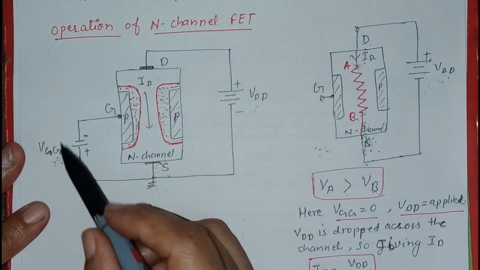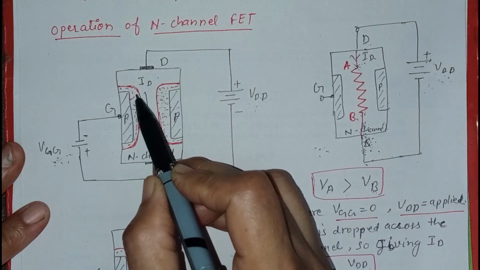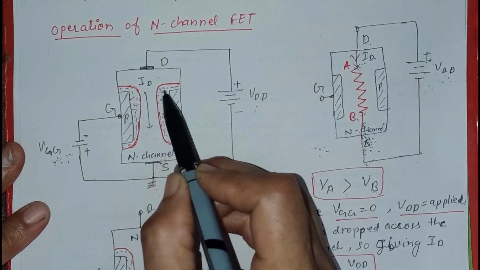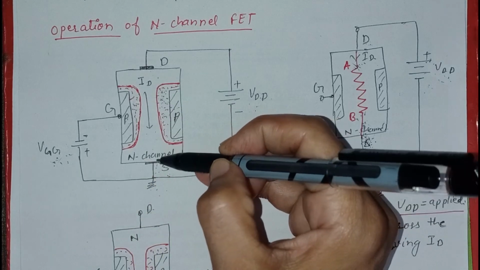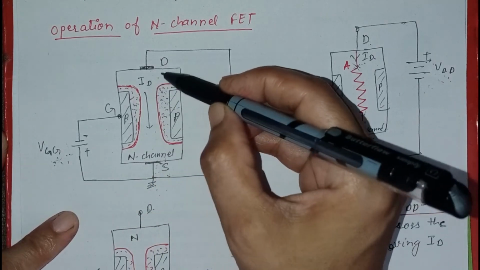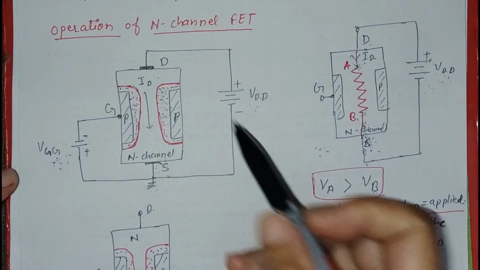And when we increase this voltage to such a point that the depletion regions increase so much that they touch each other, then the charge carriers from source to drain cannot flow through the channel, so the ID will be 0 in this case.